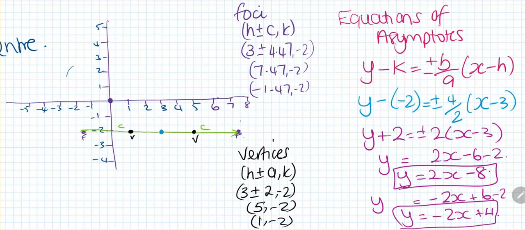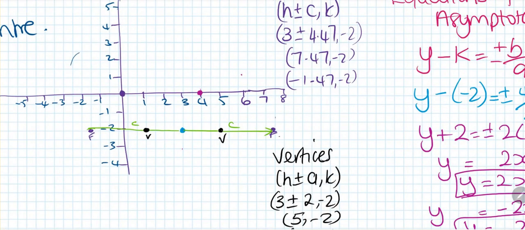So let's plot some points. From the center, across 1, up 2, across 1, up 2, across 1, up 2, and then across 1, down 2. So this is going to be our one asymptote.